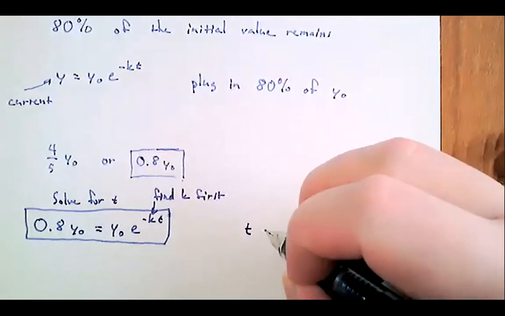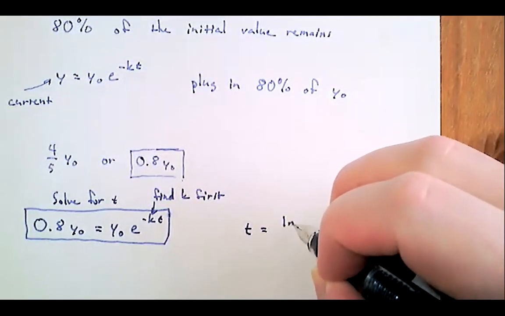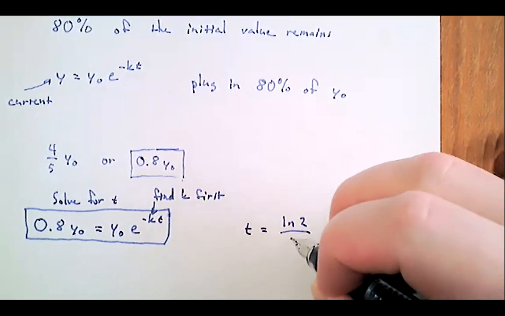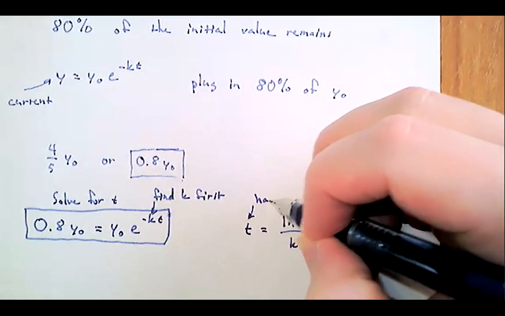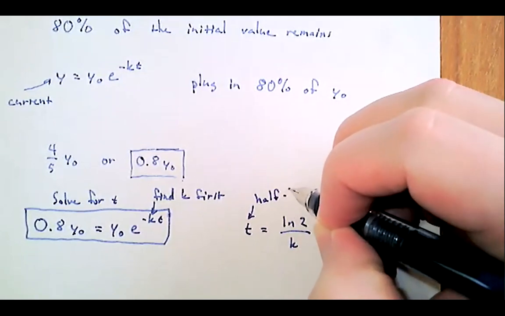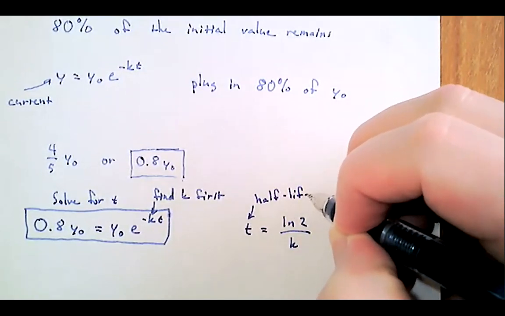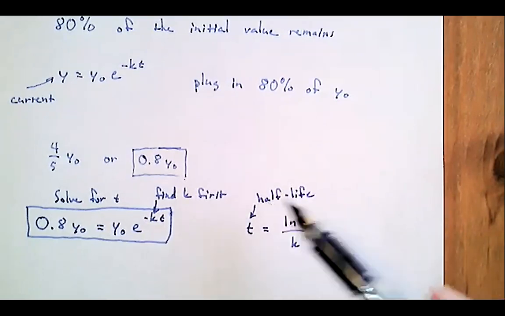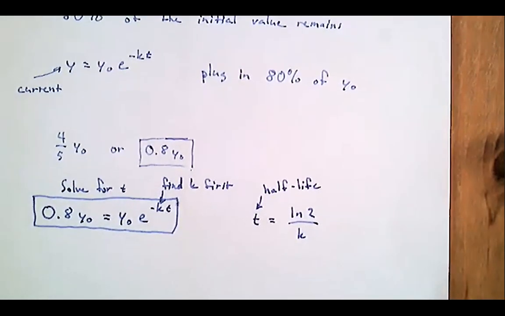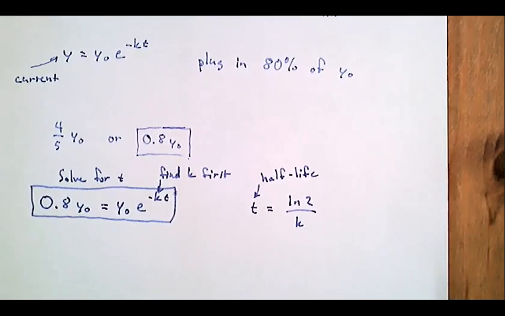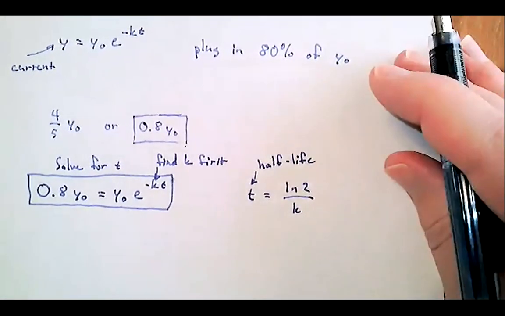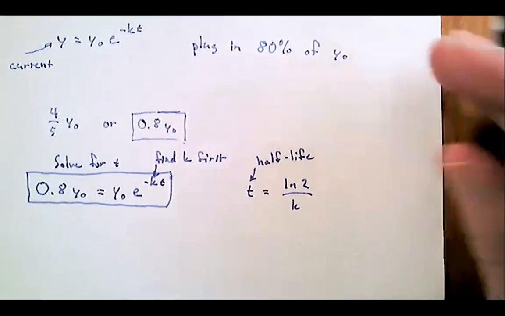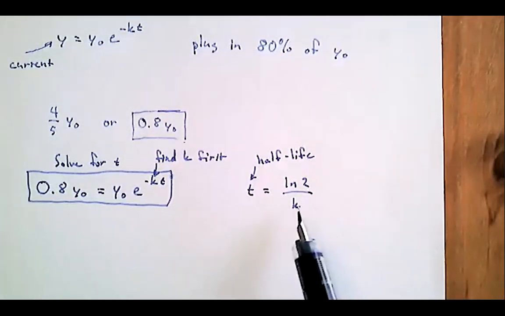We know that t is equal to log 2 over k, where t in this particular case is the half-life. Sometimes there's a special symbol for half-life, but we're not going to worry about it. Lambda, the Greek character, I think is usually used. But we're going to use this formula to solve for k.